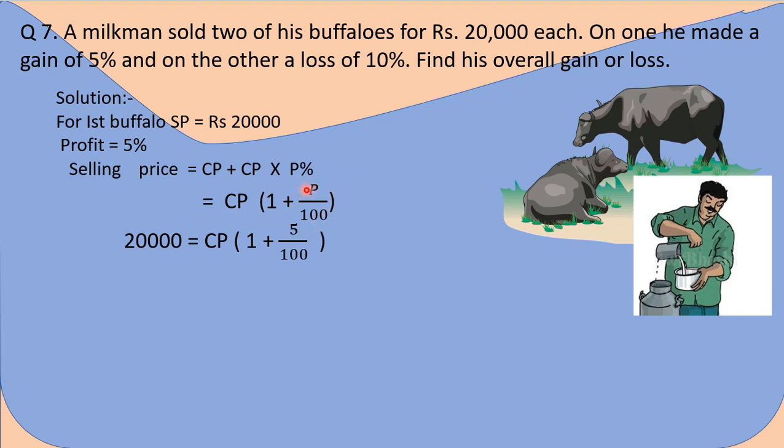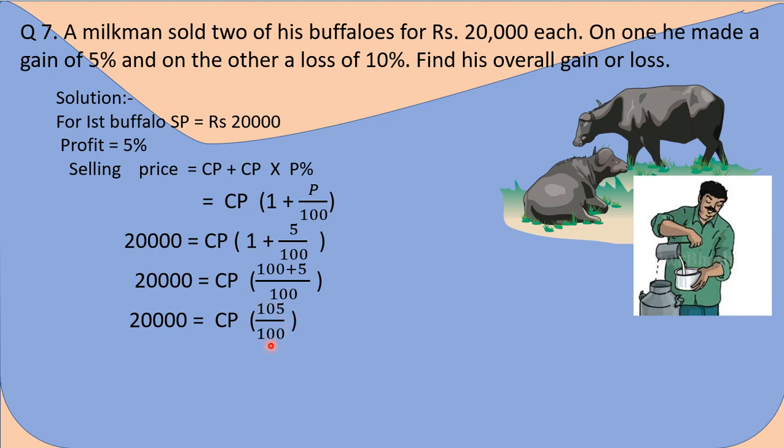Now put the values: profit is 5 and selling price is 20,000. Now take the LCM of the quantity inside the bracket on the right hand side, we get 100 plus 5 upon 100 into cost price, that is equal to 20,000 rupees. Now 100 and 5, addition of these two quantities will become 105 upon 100.